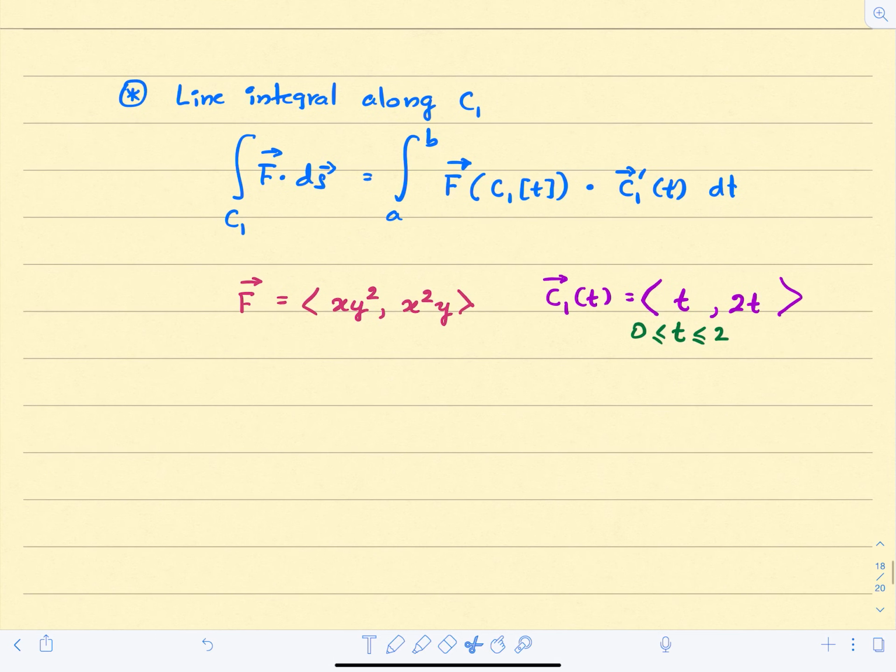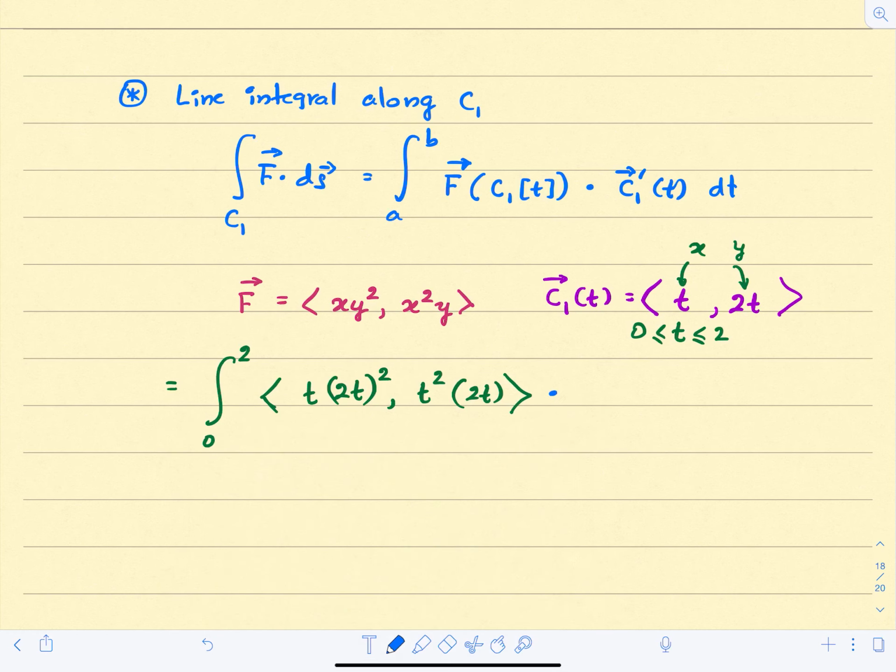Okay, let's evaluate the first line integral. t goes from 0 to 2. We have a vector field F here. x equals t, so this is your x coordinate, and that's your y coordinate, y equals 2t. So we have t times 2t squared, comma, t squared times 2t. This is the value of the vector field on the curve.